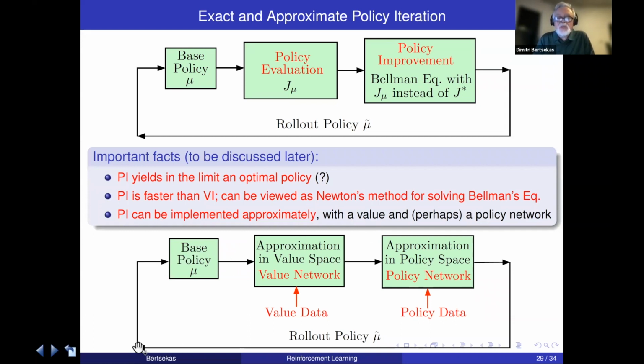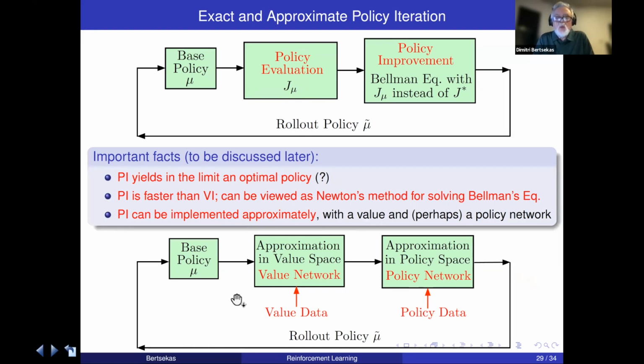And the schematic for this approximate policy iteration should be compared with the exact version. Again, you have a sequence of policies generated. Starting with a base policy, we generate a rollout policy. Then we use the rollout policy in place of the base policy, and we continue along this loop. The policy evaluation is done approximately here using a value network.